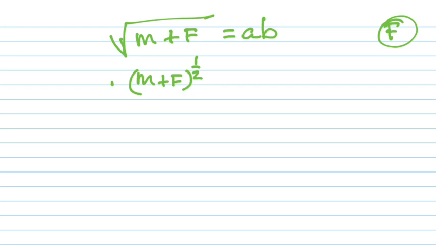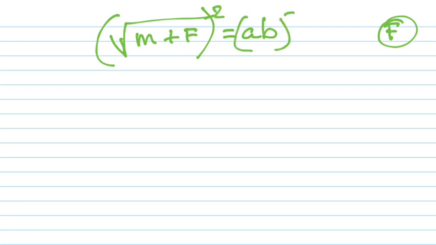We have to get that F out from under that thing. Well, it's a square root. What is the opposite of taking the square root? Squaring. So I'm going to square this side. But if I square that side, I have to square the other side. When I square this side, these two things are opposites, and opposites simply eliminate each other.